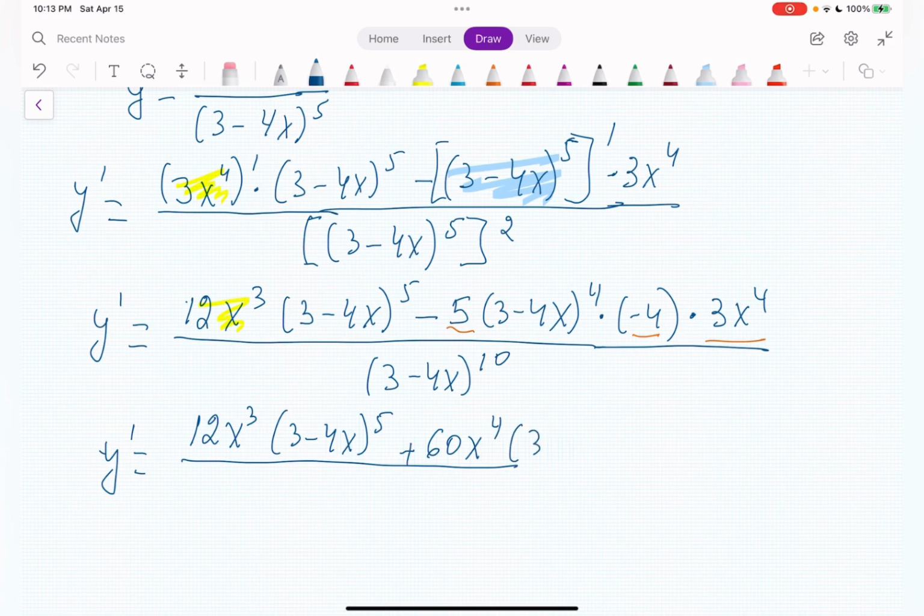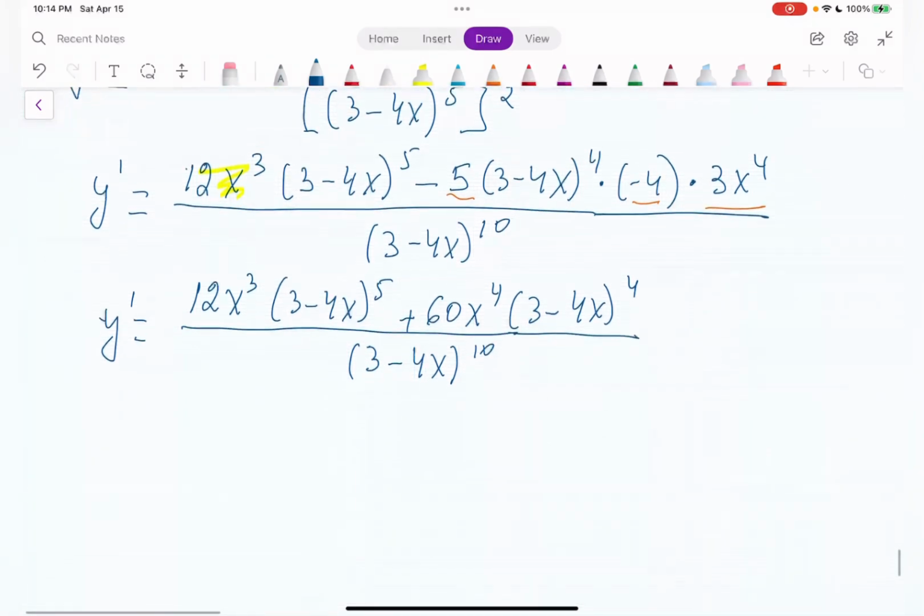And times 3 minus 4x to power 4 divided by 3 minus 4x to power 10. Okay, here we can take a common factor, actually.